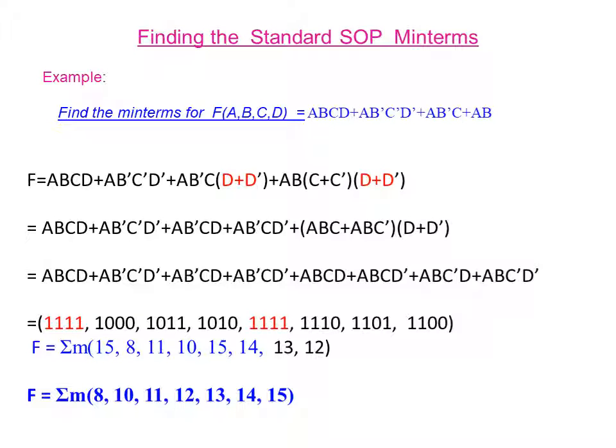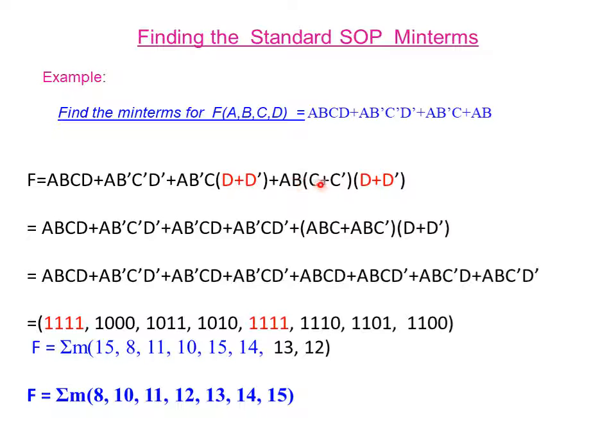This example has 4 variables. Here the third minterm has one variable missing, that is D, and the fourth minterm has 2 variables missing, that is C and D. Now let's see how to write. The third minterm's missing variable D, so we write D plus D bar.